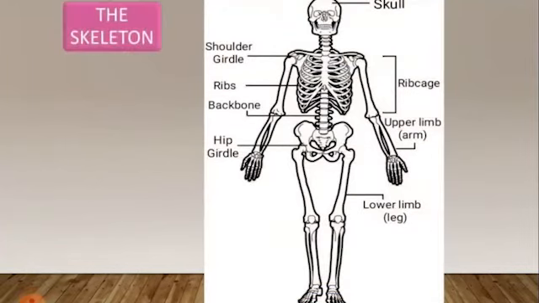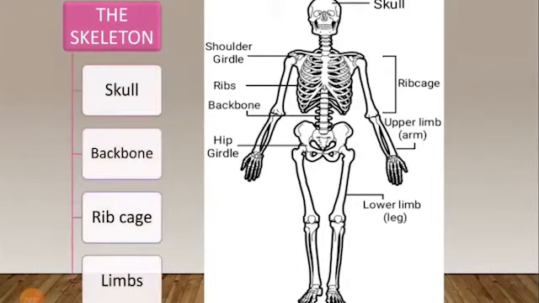Now children, let us study the skeleton. The human skeleton is a framework of bones working together to do various activities. There are 206 bones of different sizes and shapes in the adult human body.